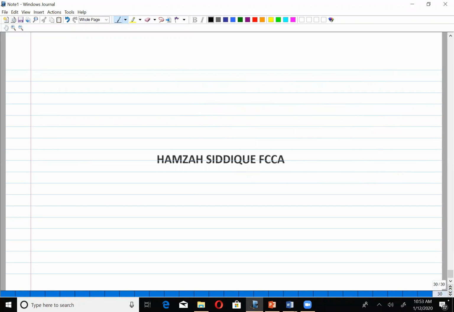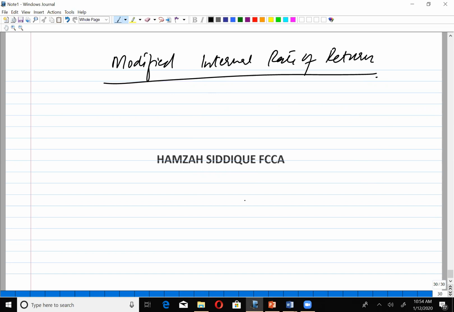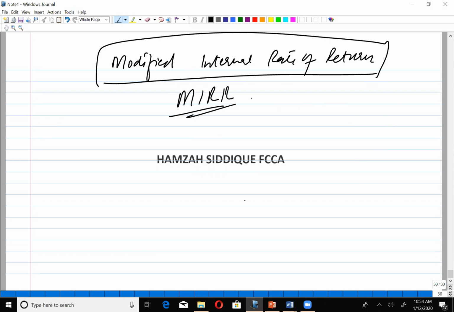Now, students, now comes the next method of investment appraisal. That is again a new method for you. That is modified internal rate of return, MIRR. Students, this MIRR came actually to remove drawbacks of IRR.